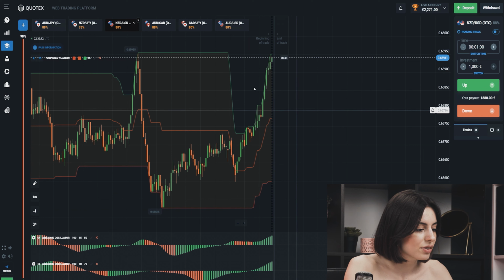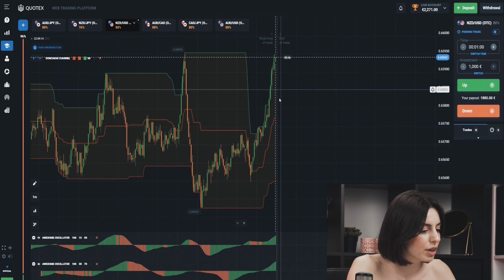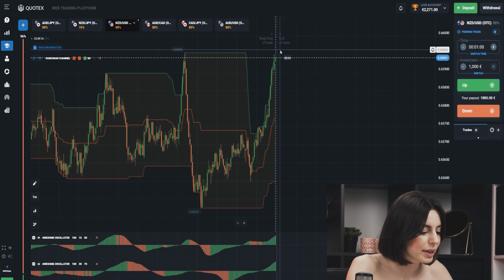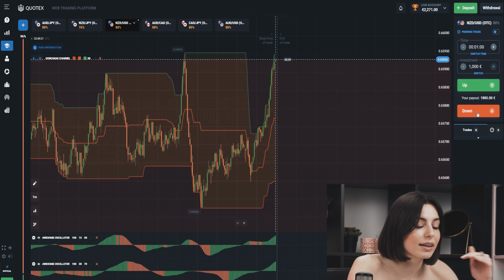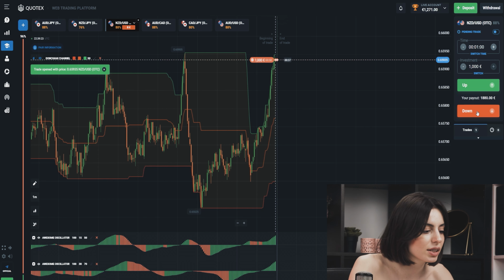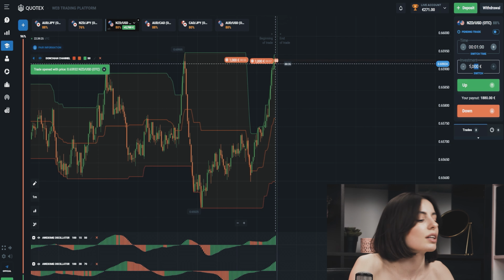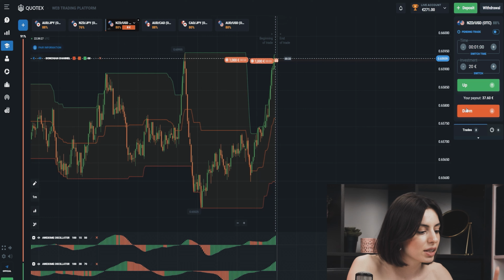So this chart is rapidly growing, and what we are expecting here, if you check, this is the highest point. This is our resistance line, if you remember this term from my previous videos.